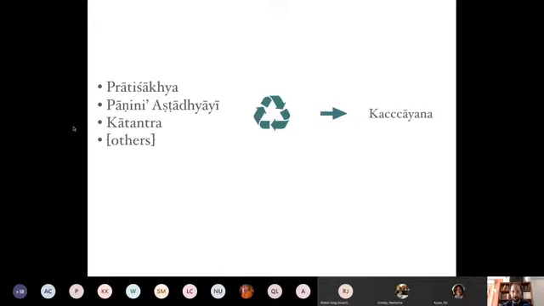As you can see, this recycling symbol is intended to represent the fact that the Kaccāyana in some ways takes the DNA material from the older grammars, but rearranges and recomposes it in such a way that, instead of explaining how Sanskrit works, the Kaccāyana explains how Pali works. So although the DNA is practically the same, the final result, the final organism that we have, is not so similar.